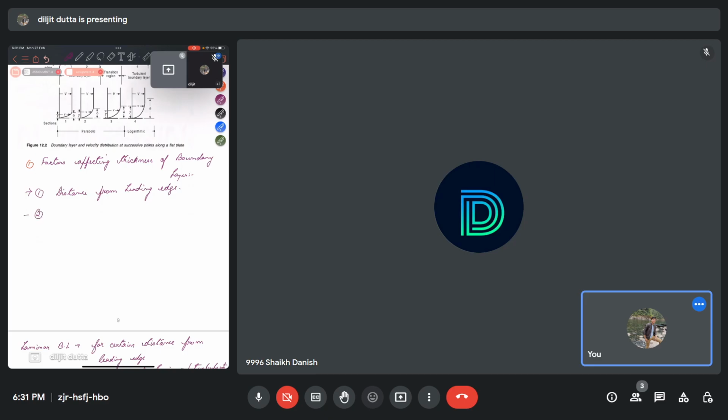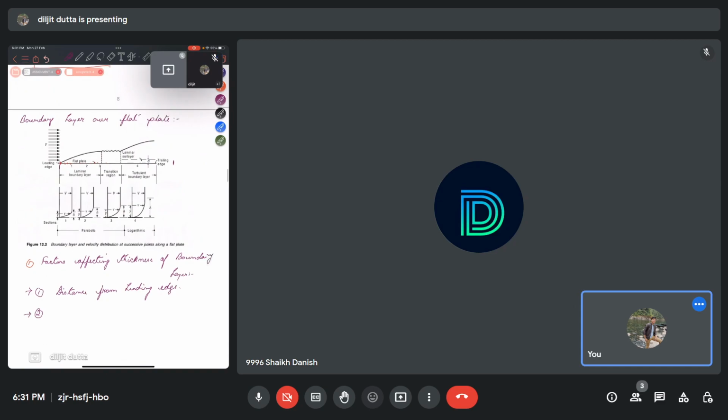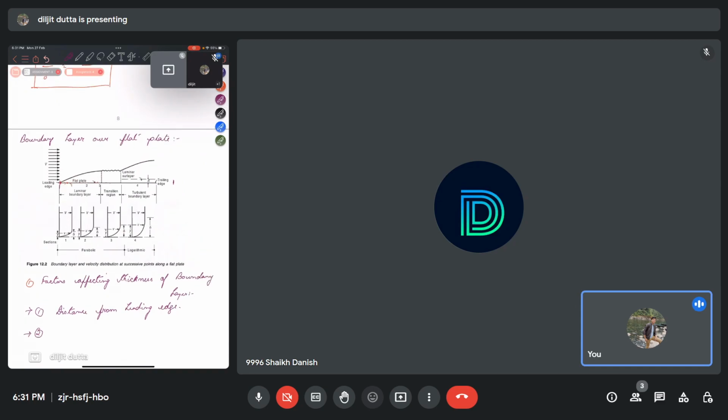So if the distance is more, the height of the boundary layer is more. But after a particular distance, the boundary layer will be fixed, and it will merge with the free stream velocity. The second factor is the velocity of flow.